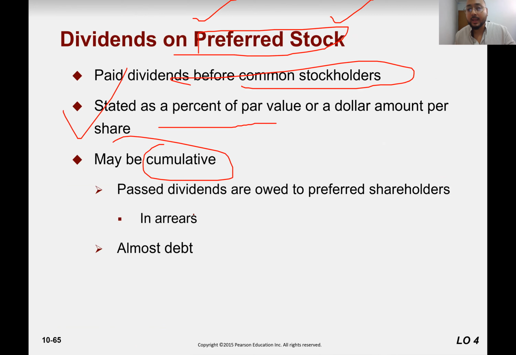It means in arrears. If this year we didn't pay, we don't have cash, then next year we will pay this year plus the next year dividend. So it's like a debt, but we don't call it debt. This is the property of preferred stock. We must pay the fixed decided dividend on preferred stock.